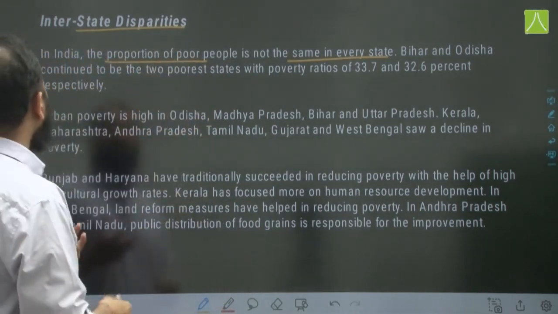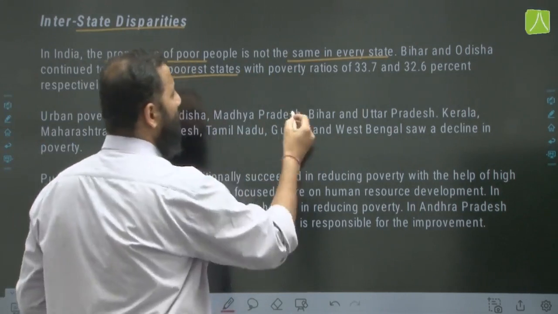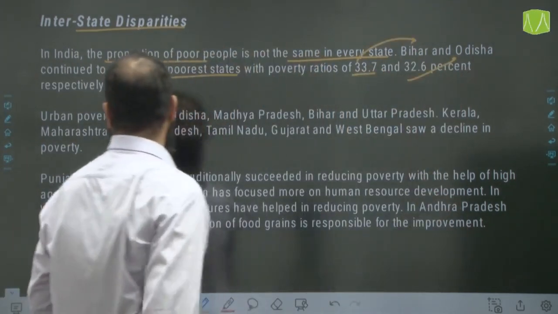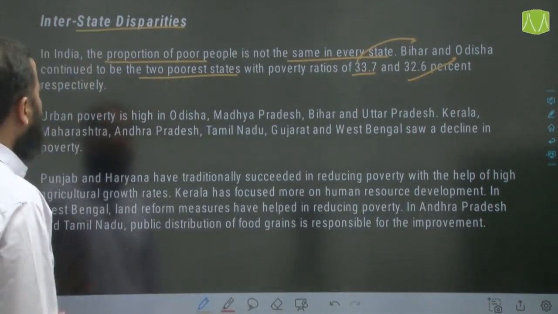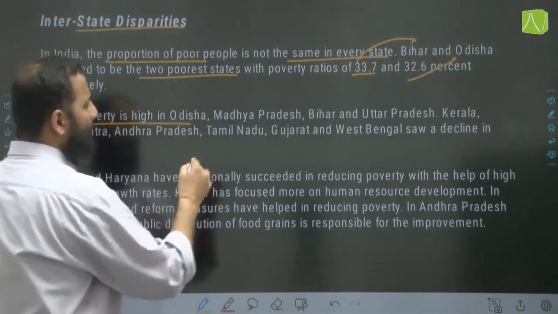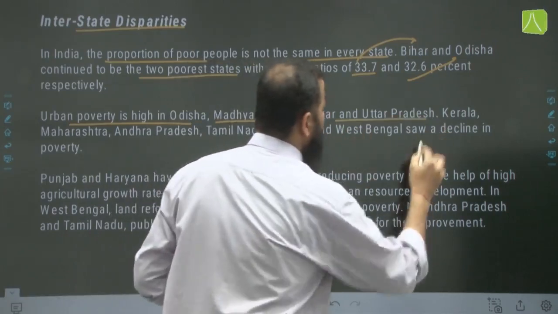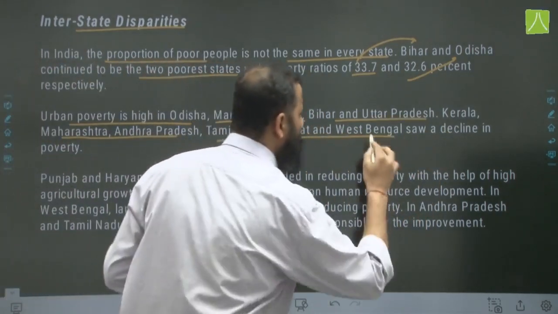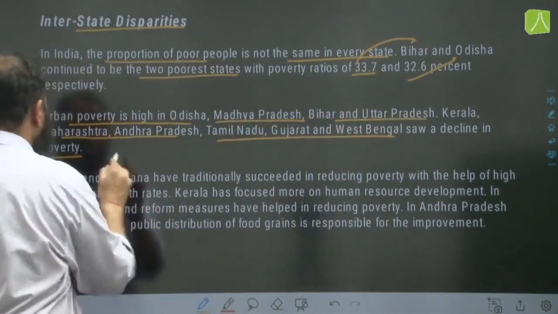Bihar and Odisha continue to be the two poorest states with poverty ratios of 33 for Bihar and 32 for Odisha respectively. Urban poverty is high in Odisha again. Madhya Pradesh, Bihar and Uttar Pradesh, Kerala, Maharashtra and Andhra Pradesh, Tamil Nadu, Gujarat and West Bengal saw a decline in poverty ratios.